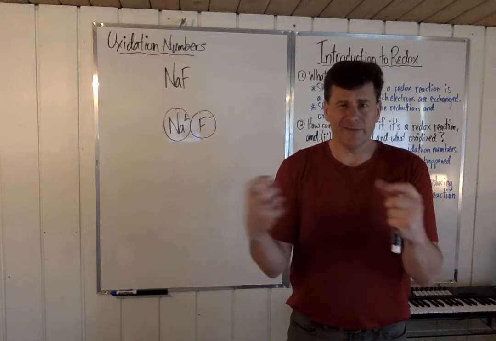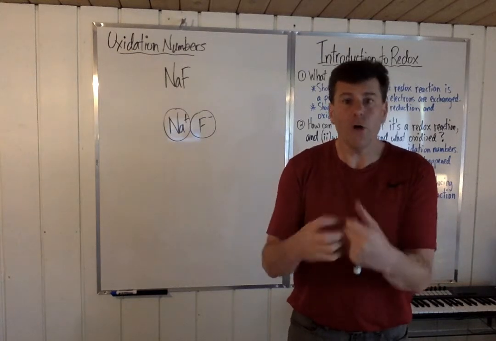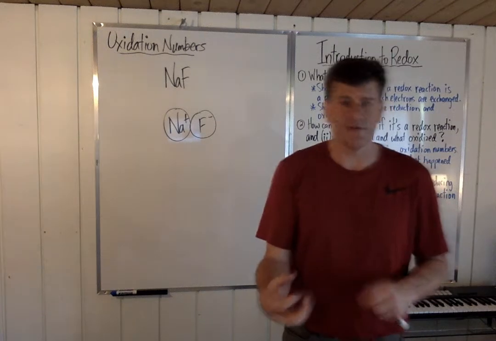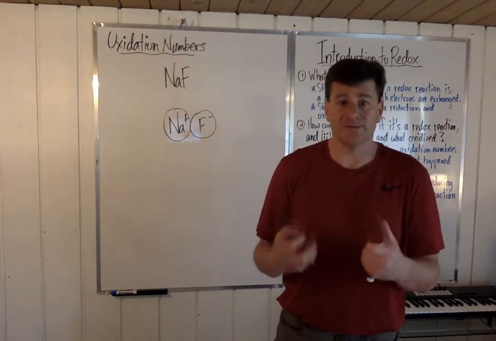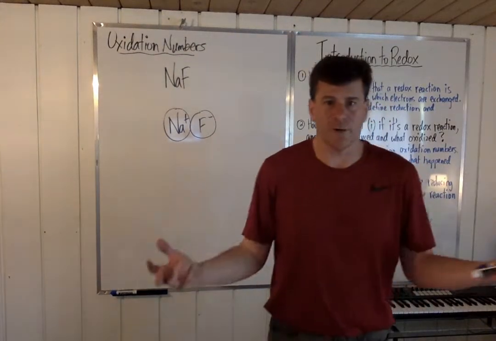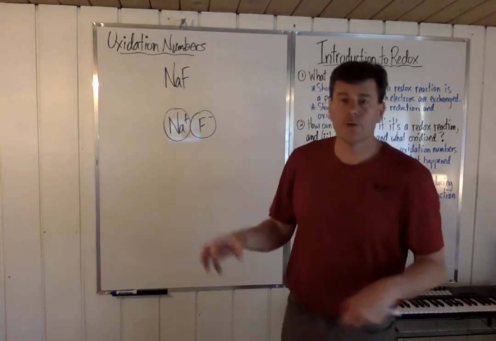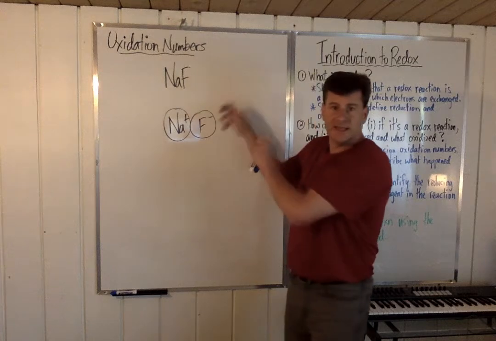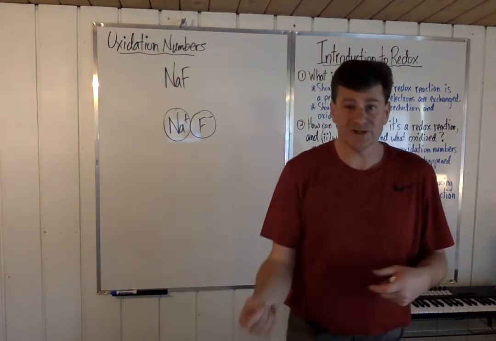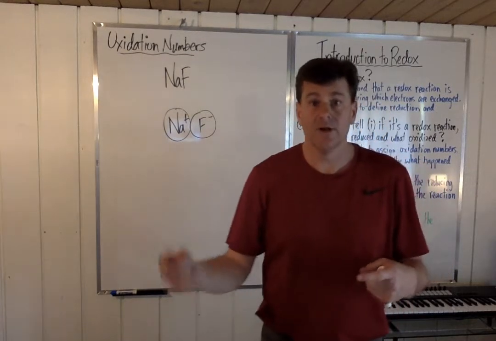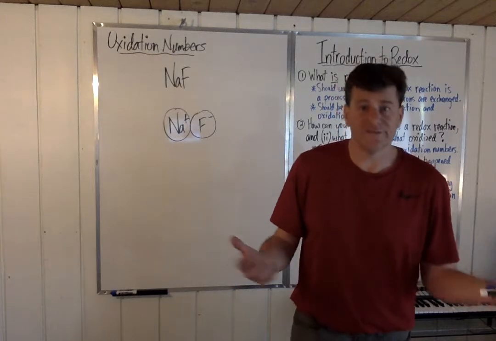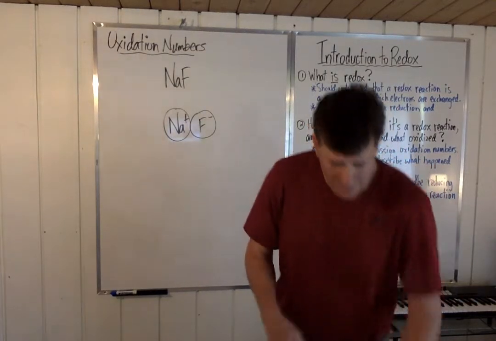They don't really care that the other one's there. They're already separated from each other from an electronic perspective. They're only stuck together because they're oppositely charged. So if I rip them apart, electrons aren't going anywhere, they've already gone. So this bonding doesn't really matter. For ionic compounds, the charges of the ions are the oxidation numbers, and that's obviously critical.